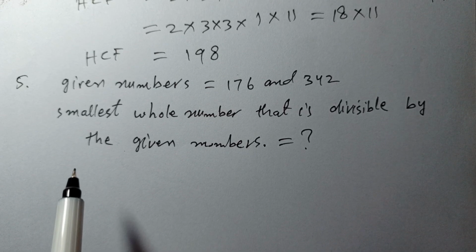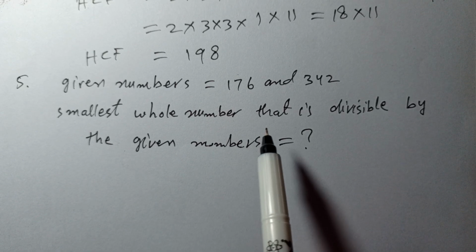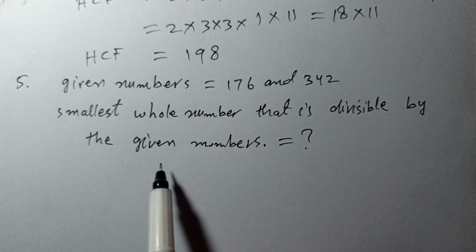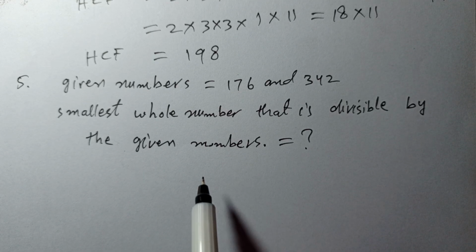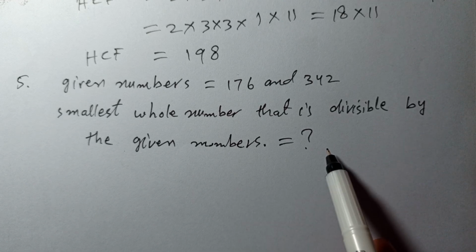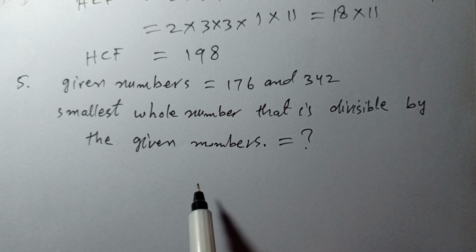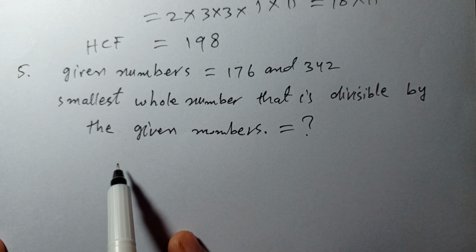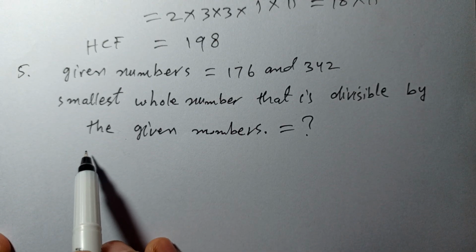Yes, students, see the data. Given numbers are 176 and 342. We have to find the smallest whole number that is divisible by the given numbers, and that is called the LCM. Now let us write the product of prime factors of these numbers.